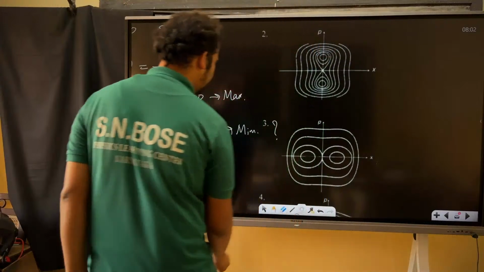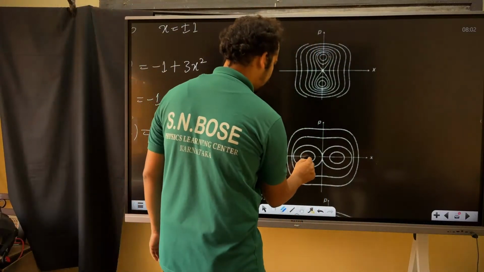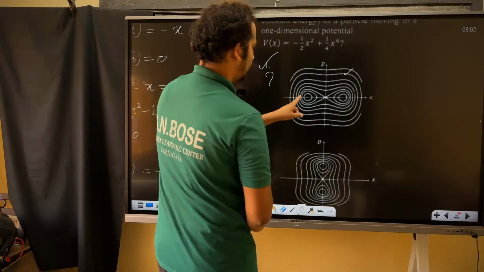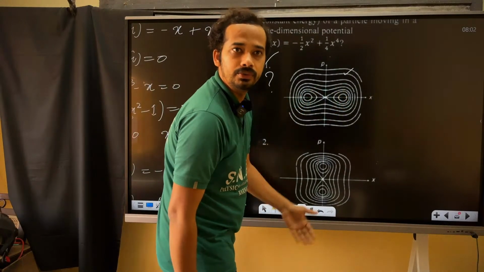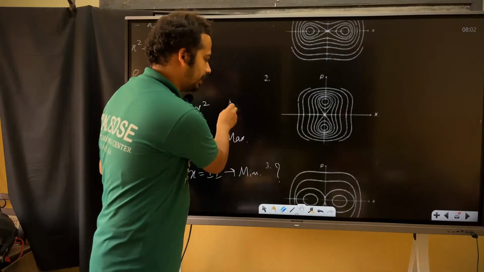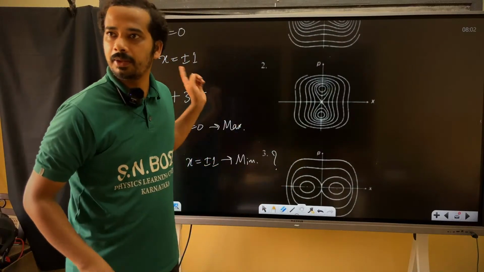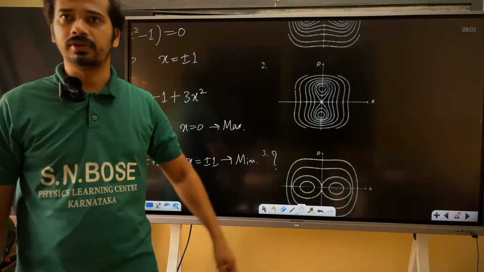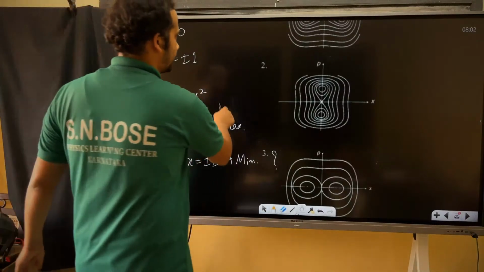I mean, the only confusion is that this is also shrinking at these 2 points, and this is also shrinking at these 2 points. Which one is to be chosen, isn't it? It can't be a perfect ellipse. Why? A perfect ellipse happens if it is a parabolic curve, which we experienced in the harmonic oscillator. Then you can choose this option.